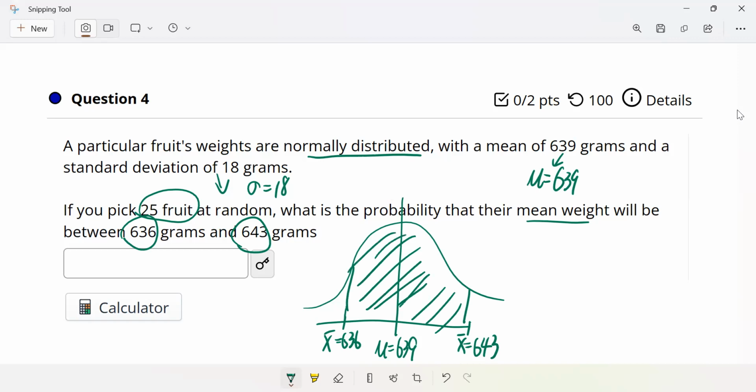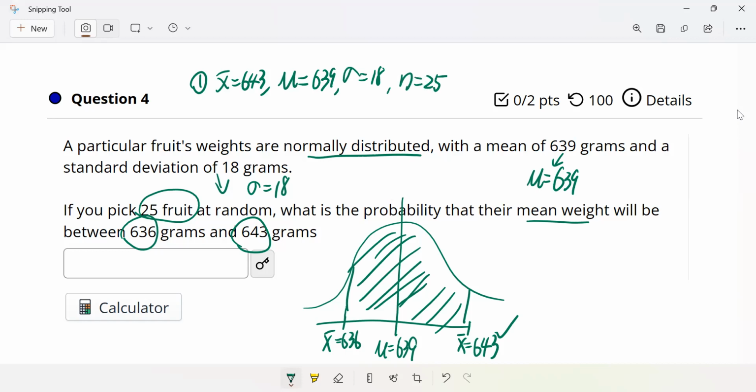So again, they want the average in between. And that's a two-step, right? First step is to find the z-score for the bigger average weight. The bigger average weight is 643. Population mean is 639. Sigma is 18. And we know sample size is 25.